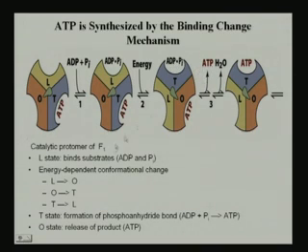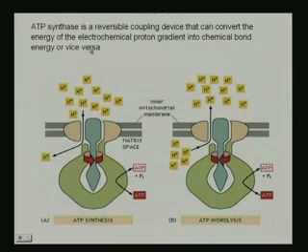As soon as the O state comes, it releases this ATP molecule, and in this way ATP synthesis takes place with the help of the enzyme ATP synthase.